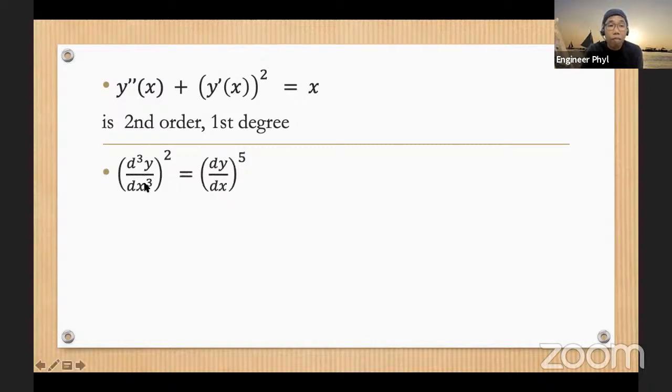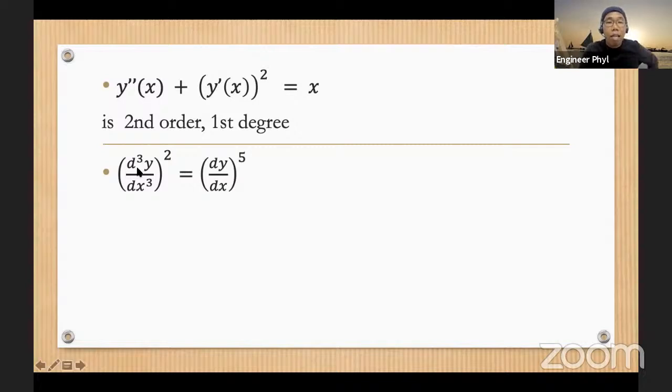Now, next equation. The third derivative of y with respect to x raised to 2 equals the first derivative of y with respect to x raised to 5. So this is again a differential equation since it contains derivatives. Now, the dependent variable here is y and the independent variable is x. To obtain its order, you must look at the highest derivative.